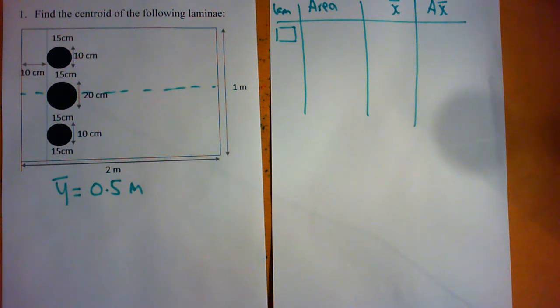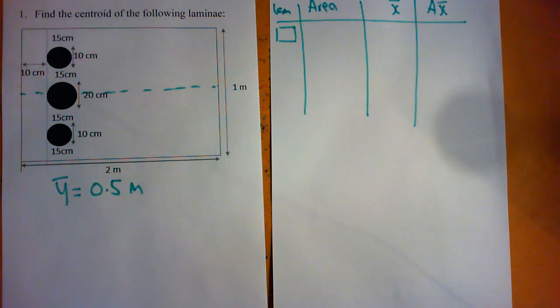Those are the 3 options that we have. We could choose either one because we should get the same x bar value, the same centre in the x direction for all of them. That's because we've got symmetry in the vertical direction.